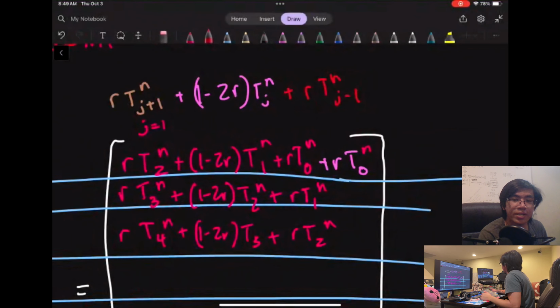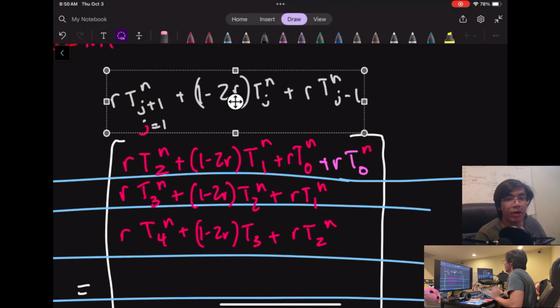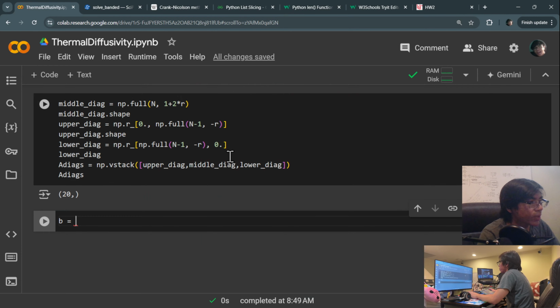But to grab those indices, right here. So you see, notice how they're changing. T1, T2, T1, T0, and then T3, T2, T1. Well, those are simply from here. Our future positions, our current positions, and our previous positions. So to do that, we're going to do some index slicing. And that's what we're about to showcase here.